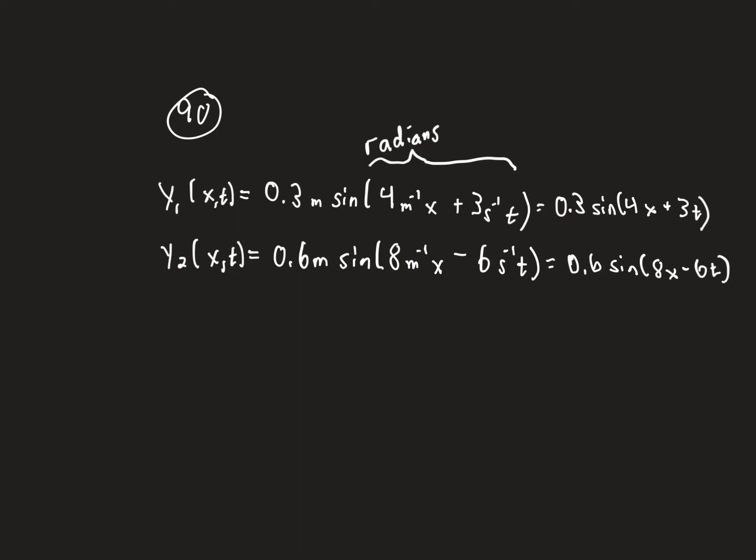And they want to know what is the height of the resultant wave formed by the interference of the two waves at the position x equals 0.5 meters at time t equals 0.2 seconds.